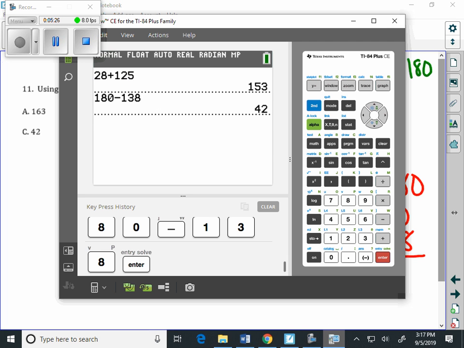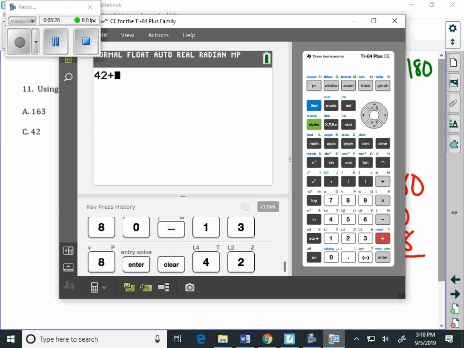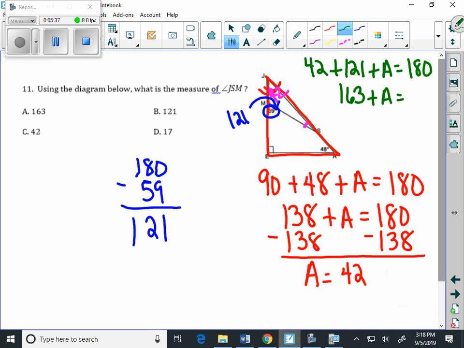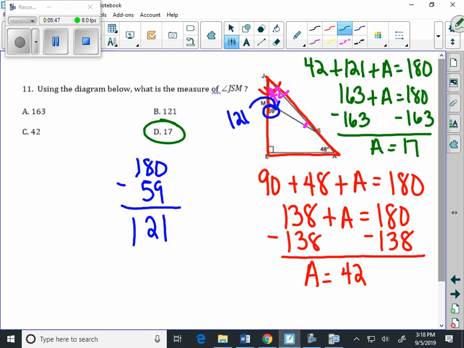So 42 plus 121 is 163. And if we subtract 163 from both sides, we get A equals 17, which is our answer here.